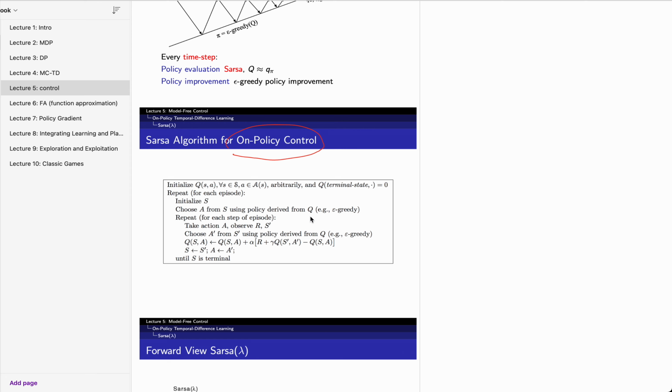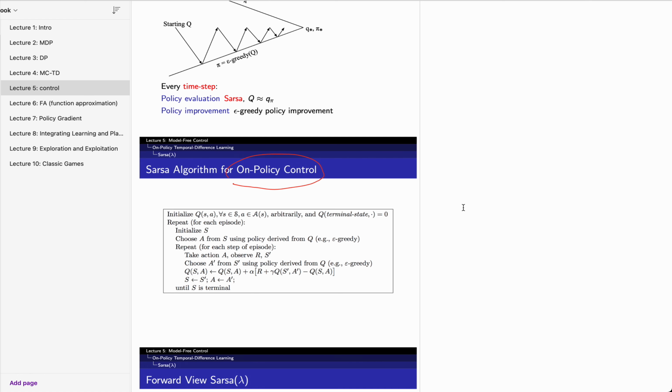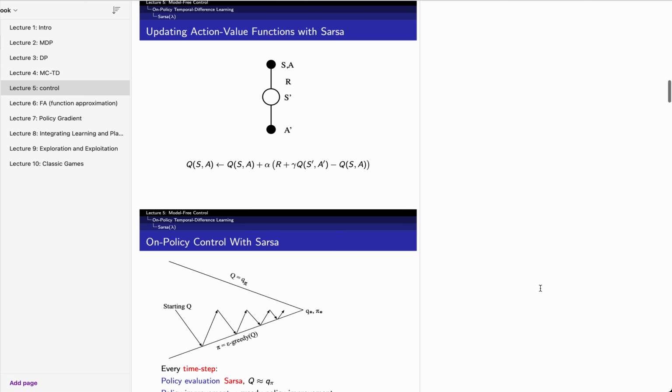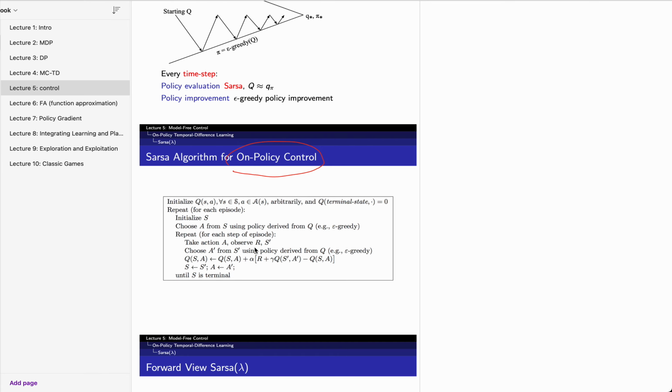We're going to use epsilon greedy. We're going to choose an action A from S using the policy derived from Q. Because there's no policy involved, we're going to derive the actions from Q. I'm going to take an action right over here, observe the reward, and then observe the next state S'.